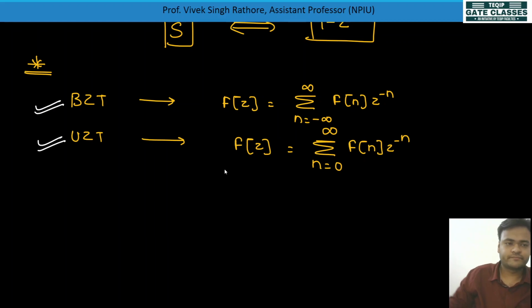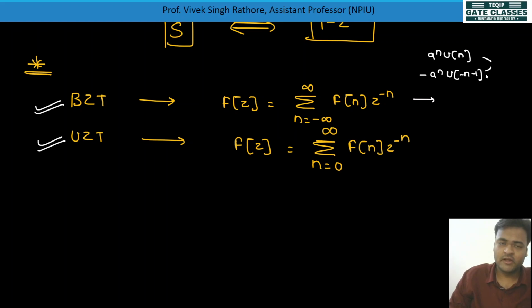Okay, as we have seen in the Laplace transform also, the same thing here. See, we can have multiple signals with the same Z transform expression. a to the power n u of n, and minus a to the power n u of minus n minus 1 will have the same Z expression, only differentiated by their ROC.